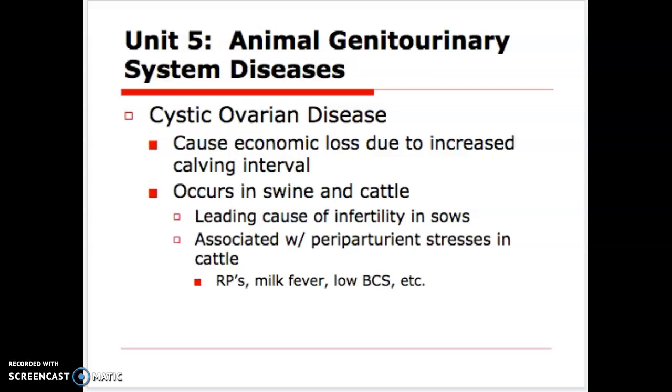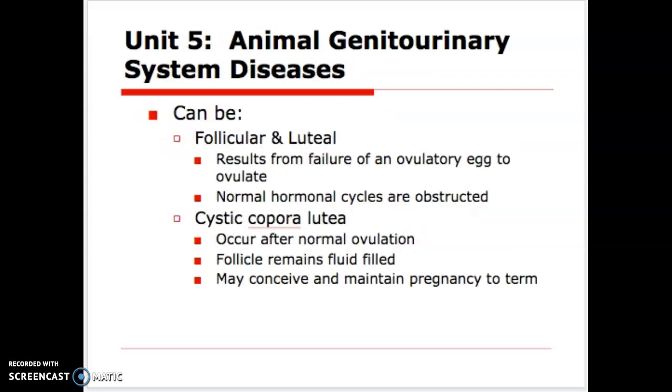It's often associated with other periparturient stresses, meaning other stresses that occur through the farrowing or calving process, such as retained fetal membranes, milk fever, low body condition scores, and other metabolic problems. Other stressors during that period can help exacerbate the onset of cystic ovarian disease.